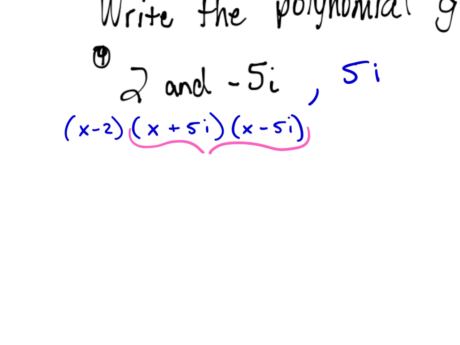So when we FOIL this, we get x squared minus 5ix plus 5ix minus, what's 5i times 5i? Squared. Awesome, so negative 25i squared. The negative 5ix and the positive 5ix will cancel. And then what do we know that the i squared is going to change to?